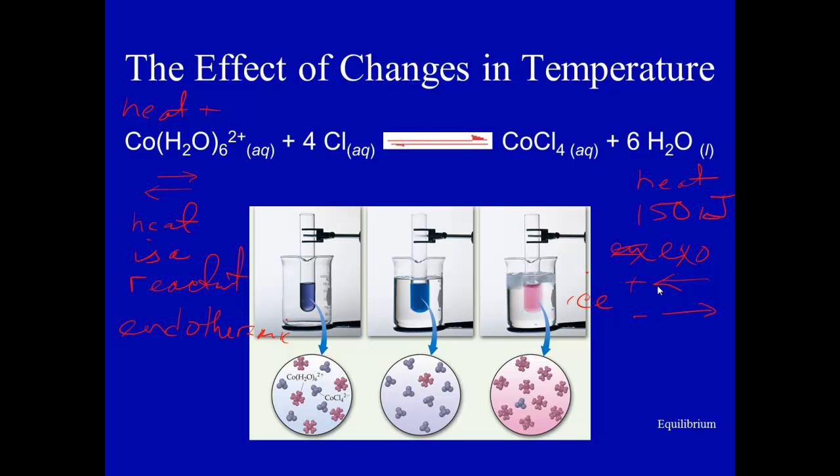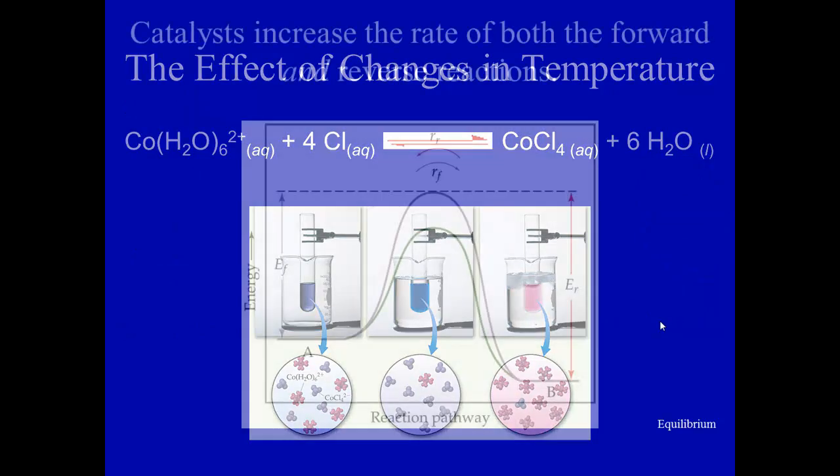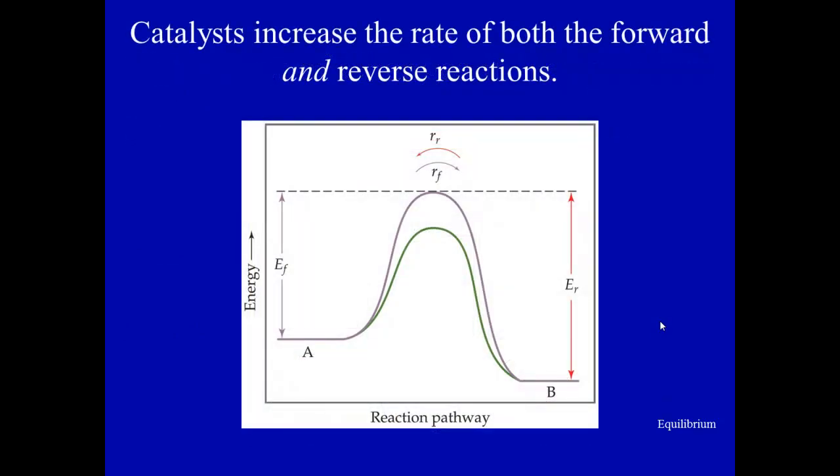So that's the idea behind temperature. It works pretty much the exact same way as concentration. If I add it, it's going to want to compensate for it and use it up. Now, catalysts will increase the rate of both the forward and the reverse reactions. And I believe we talked about that in Unit 4 when we talked about kinetics.